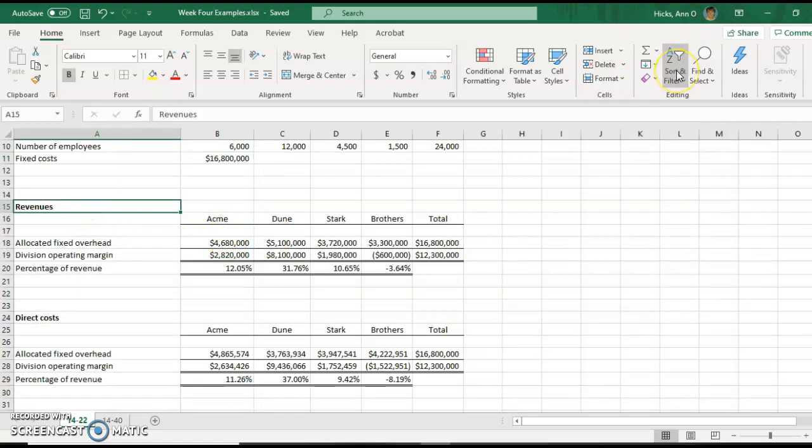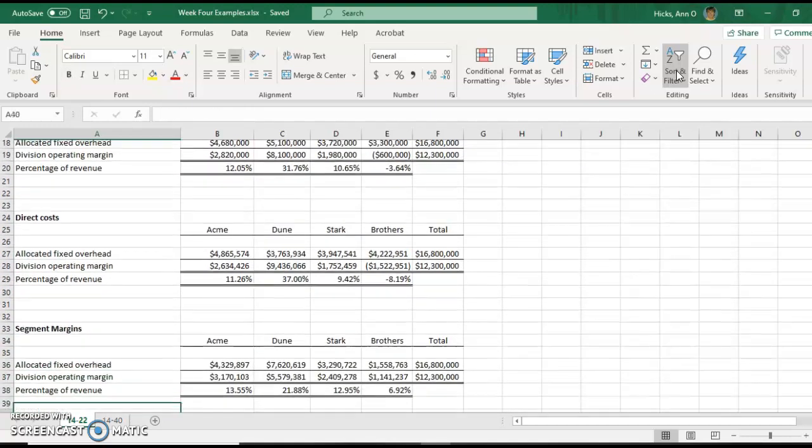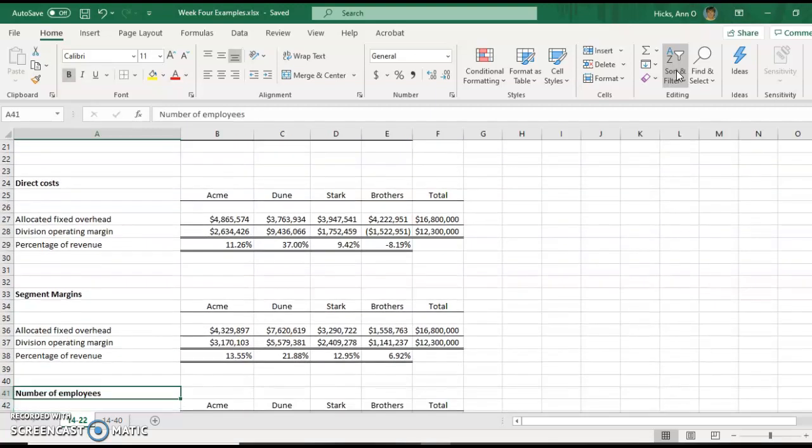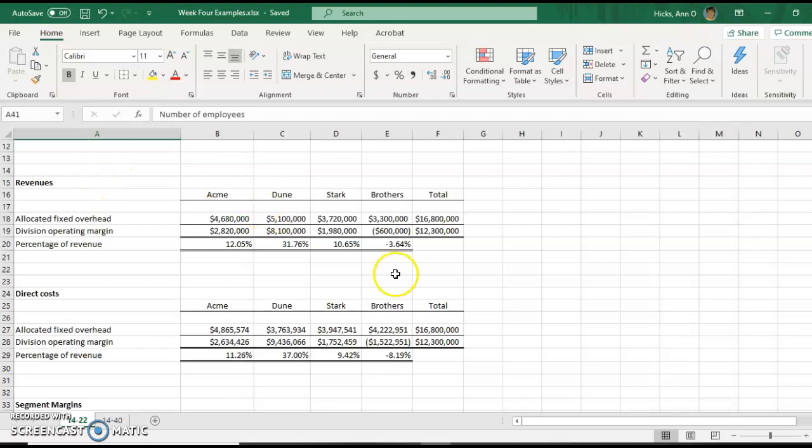First, we're going to allocate based on the revenues of each division. Then we'll allocate based on the amount of direct costs. Then we'll allocate based on segment margins. And then lastly, we'll allocate based on number of employees. Each one has a different assumption.